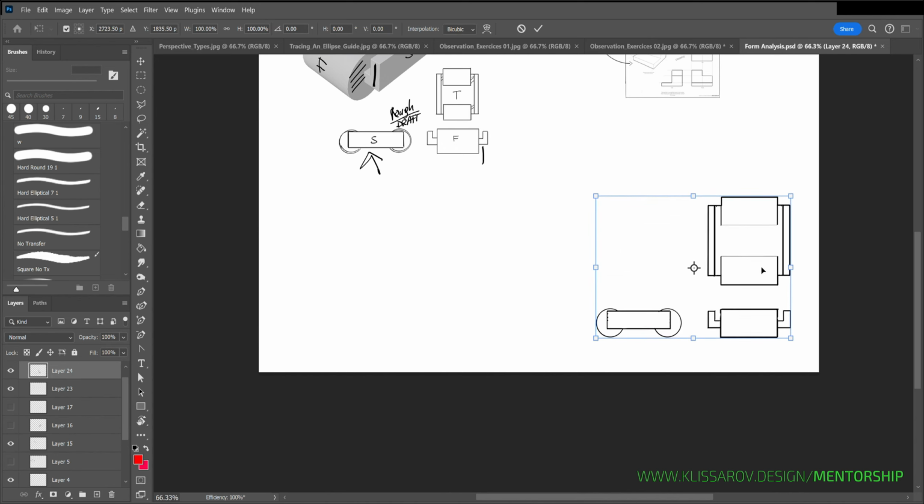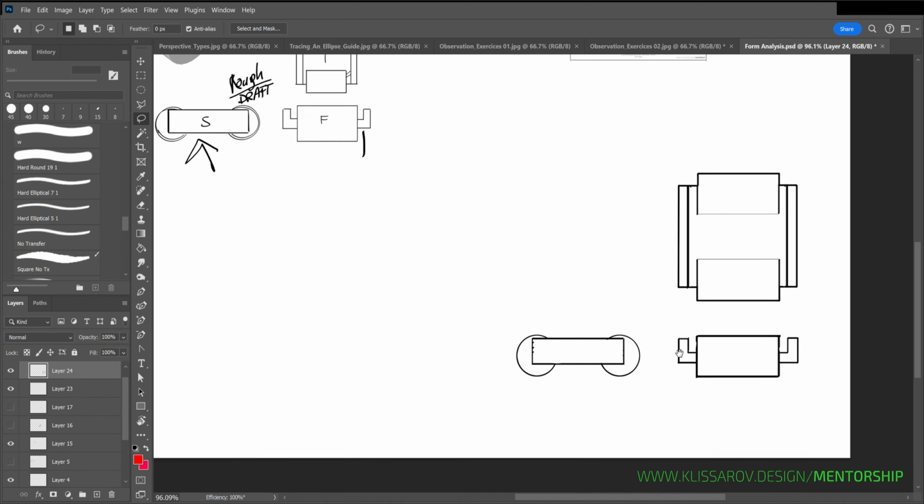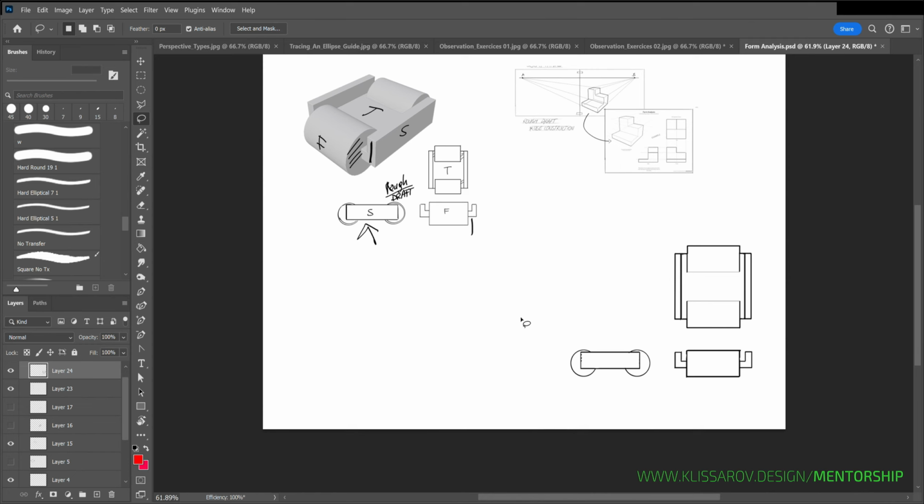So this means that on a clean piece of paper we have more or less analyzed and created the orthographic views which represent the shape. Now comes the harder part for the students: how do we represent this shape in perspective?